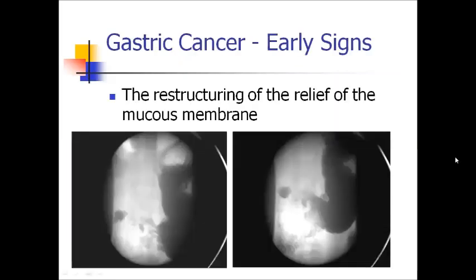Gastric cancer. The most early sign of this pathology is the restructuring of the relief of mucous membrane. All the rest appears later, but first of all, we observe loss of normal mucosal relief in affected part of stomach.